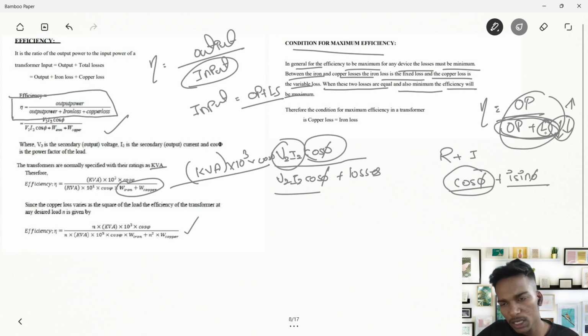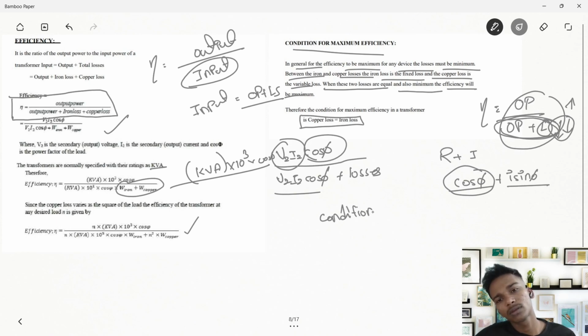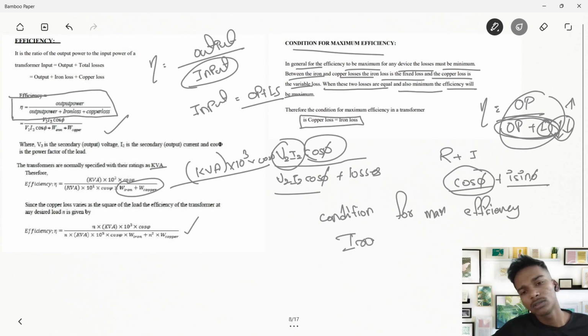So whenever we get the least losses, the efficiency will be maximum. In this case, if copper losses equal iron losses, we have the least losses. So the condition for maximum efficiency: iron losses equal copper losses.